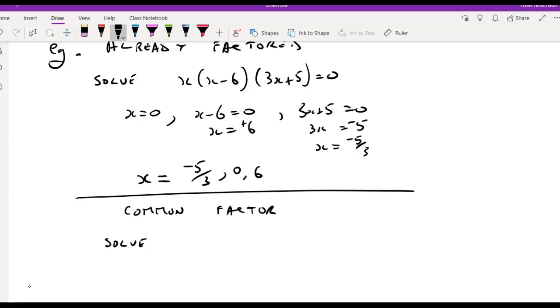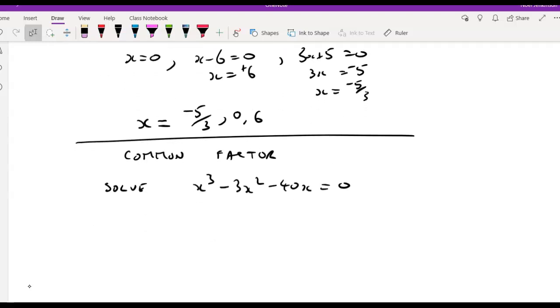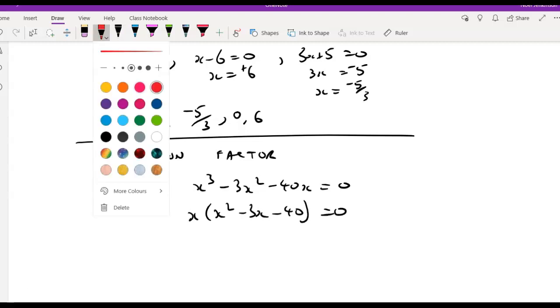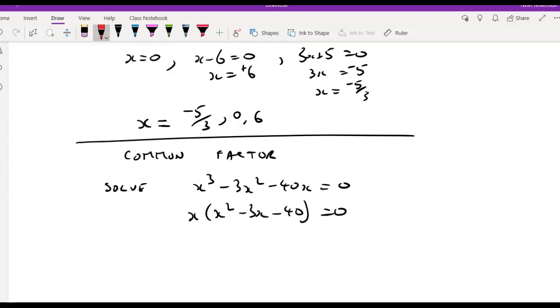Solve, the example might be x cubed minus 3x squared minus 40x equals 0. There's no constant term, so we can take out an x. Now we could then use any number of techniques that you know to solve that quadratic inside the bracket there, that factor.